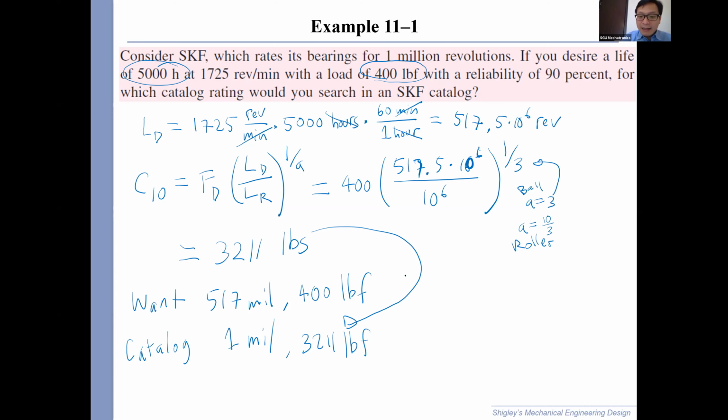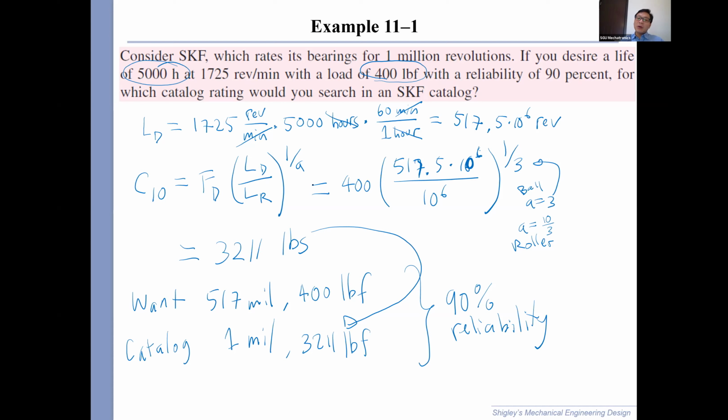And this is all assuming 90% reliability. We have not played around with reliability yet. It will require a different formula. But for this same 90% reliability, this is the formula to go back and forth.